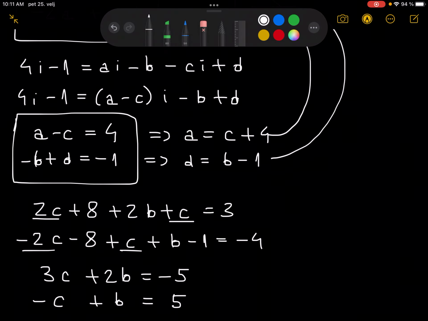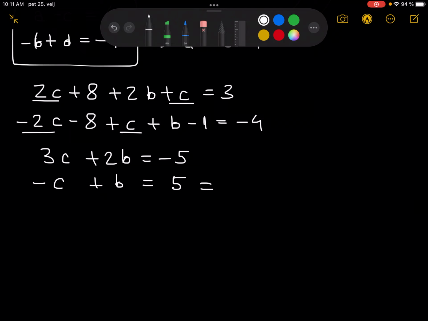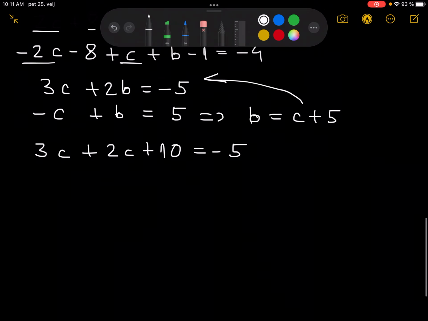Now, from this equation, we get that b must be equal to c plus 5. So we're just going to plug that into this equation, and that's going to give us that 3c plus 2 times b, which is 2c plus 10, is equal to negative 5.